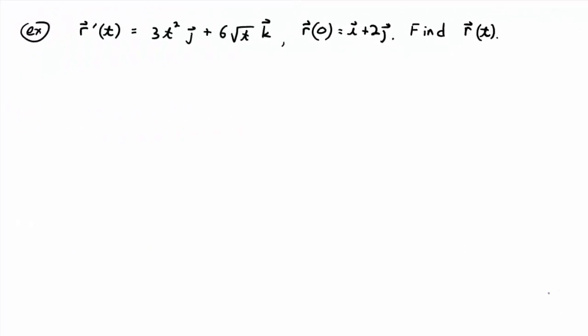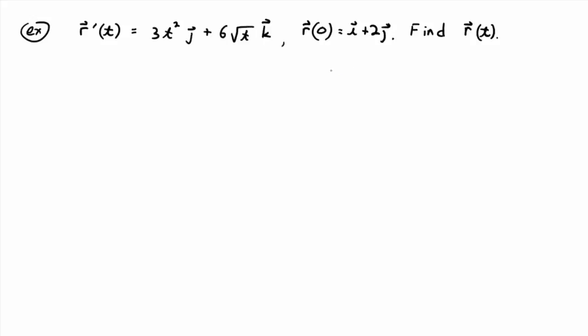So I'm given r prime of t. It's 3t squared j, so you don't see i, plus 6 radical t k, and we want to recover r of t. Now, normally you could just recover it up to a constant like you saw in an earlier problem, but we can do one better here. We can recover the exact function because we're given a little bit of information about the original function.